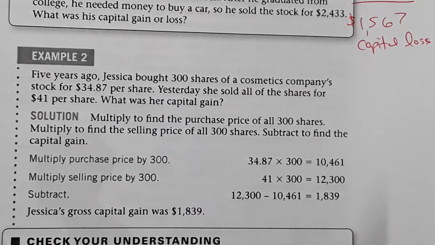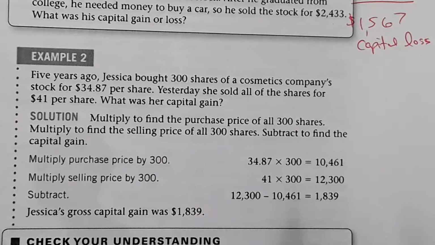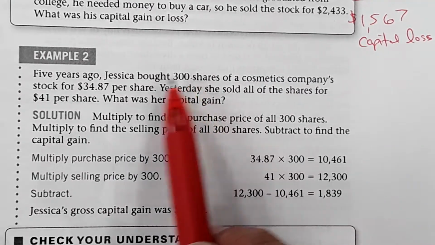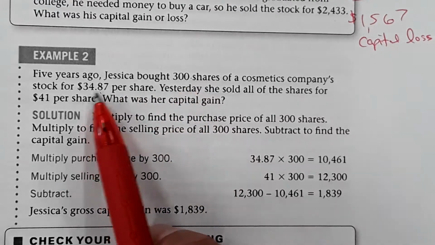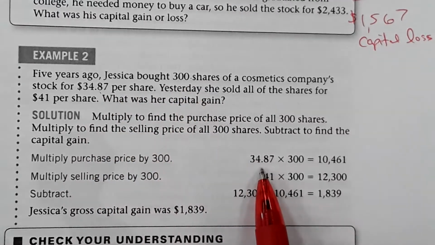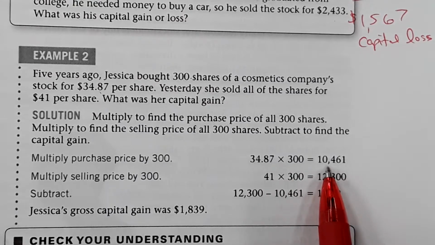It just tells what she paid per share and what she sold it per share. So if she bought 300 shares at this much, we need to figure out how much she paid total for those 300 shares. Well, you just take the stock price times the 300 shares, gives you $10,461.